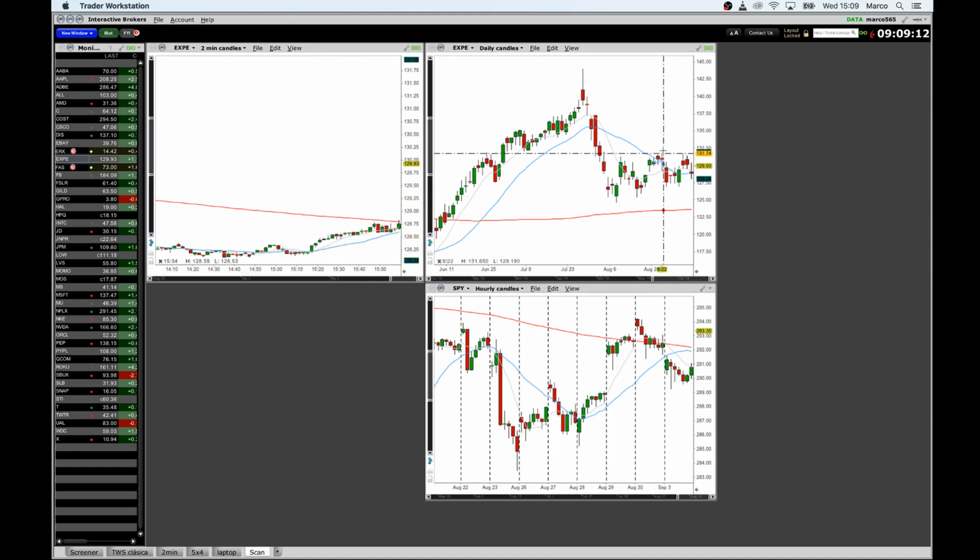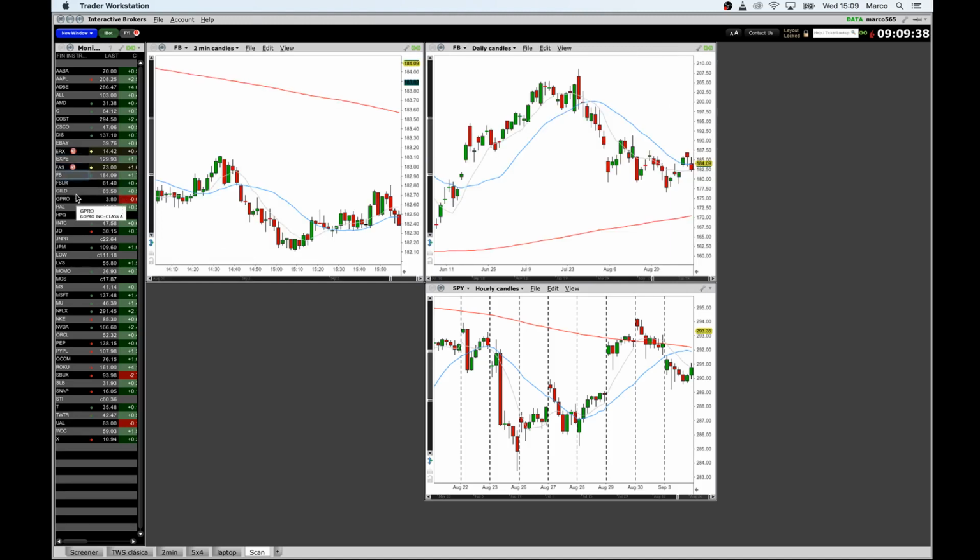And the next resistance is at 31. So yeah, Expedia, I like it. EXPE, I will put 3 stars. I mean 2 stars because it's gapping into resistance soon. So yeah, 2 stars.